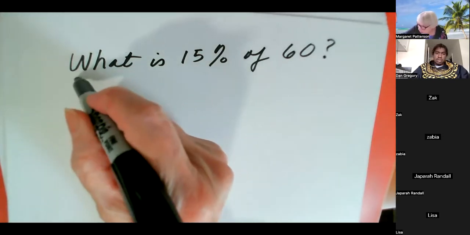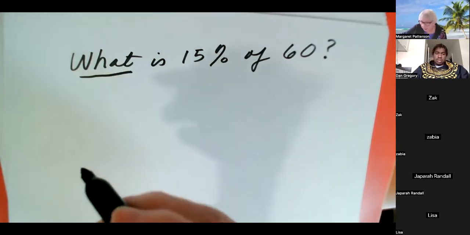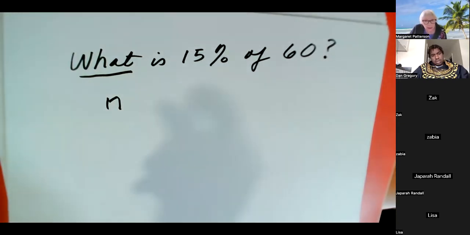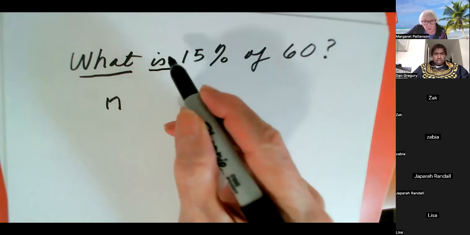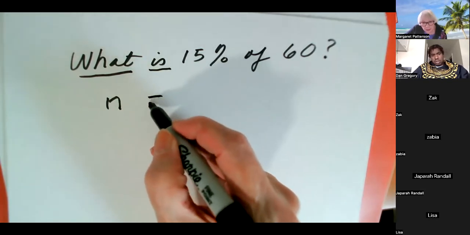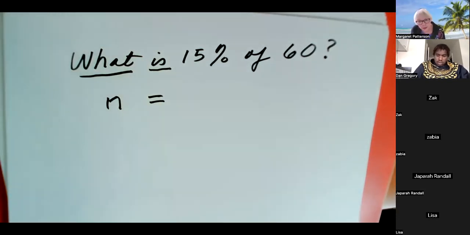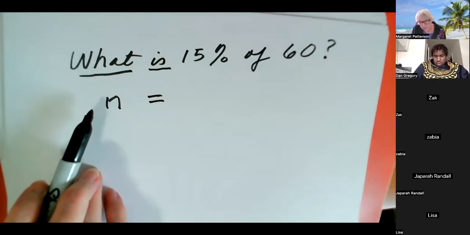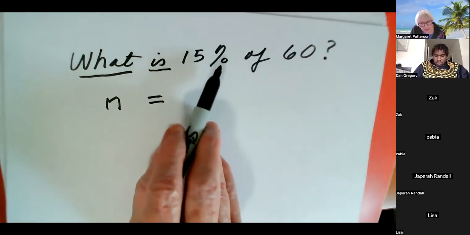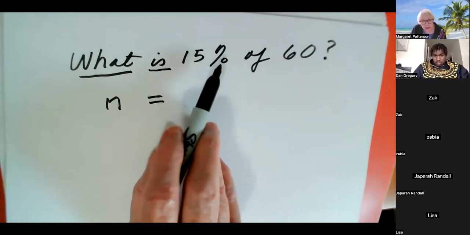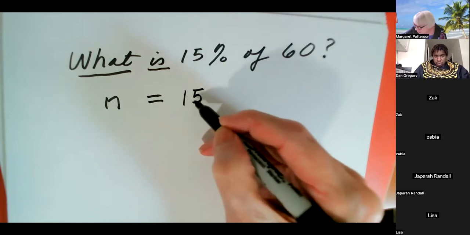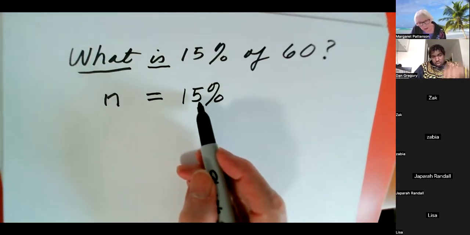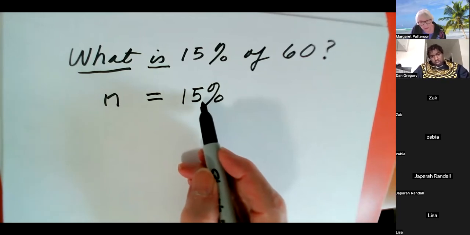And so the number what, they're calling it n, the missing number. N, the word is, I'm translating from one language to another. This is English, this is math. 15%. We could write 15%, but in a few minutes, I'm going to change it to either a fraction or a decimal, whichever seems easier.